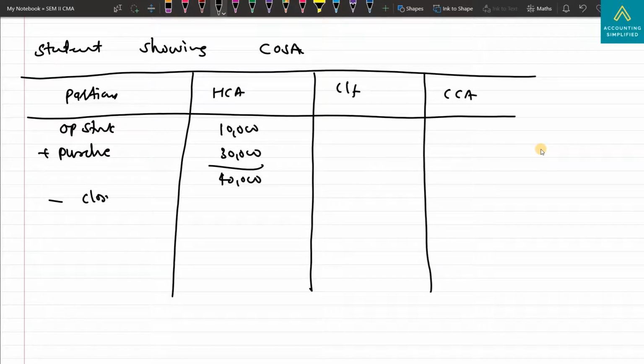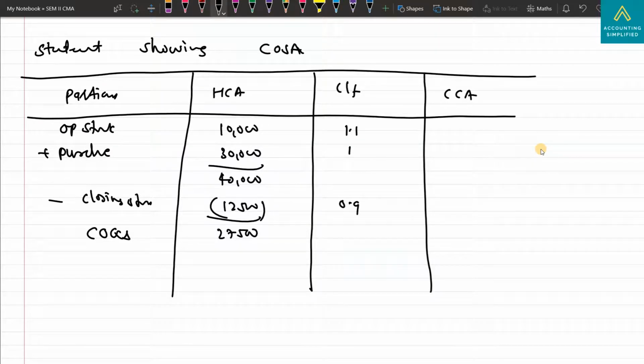Minus closing stock. Closing stock is 12,500. So COGS 27,500. This is minus, remember, COGS, right? So opening conversion factor will be applied to opening stock. Purchase is continuous, so 1 and 0.9.